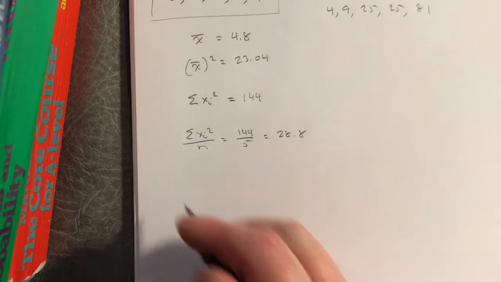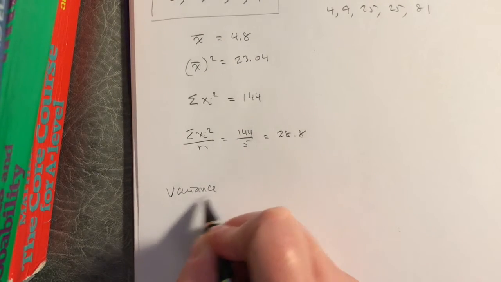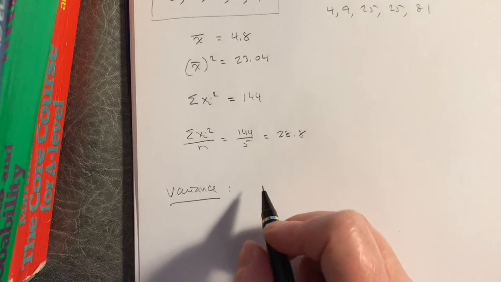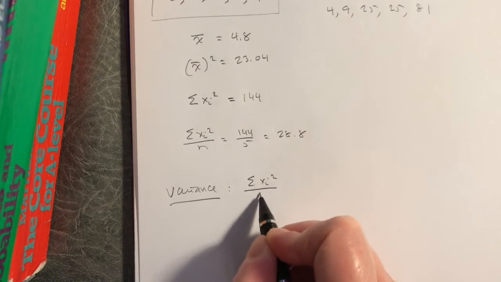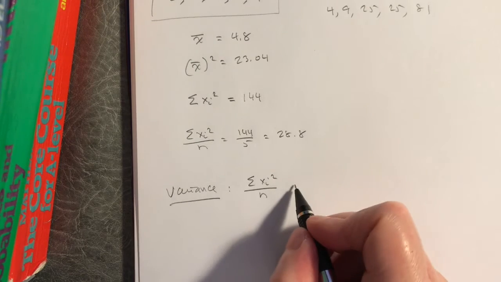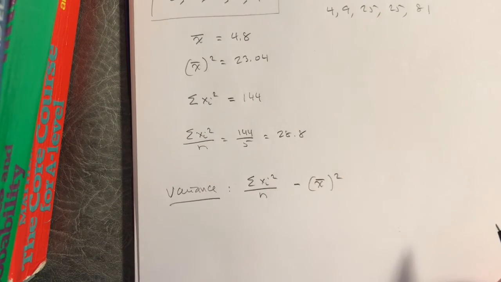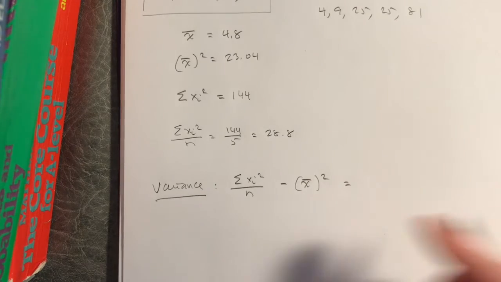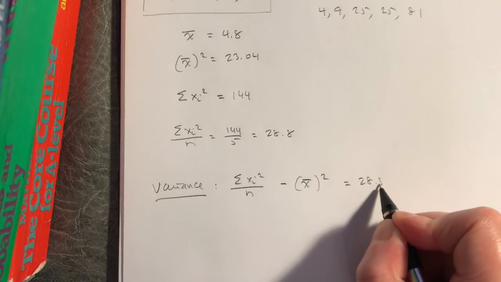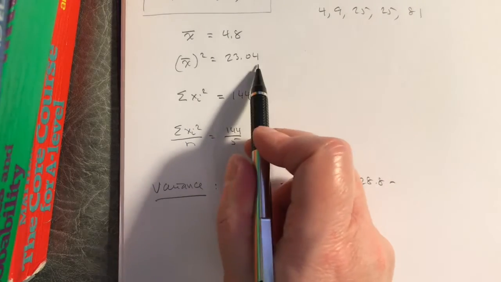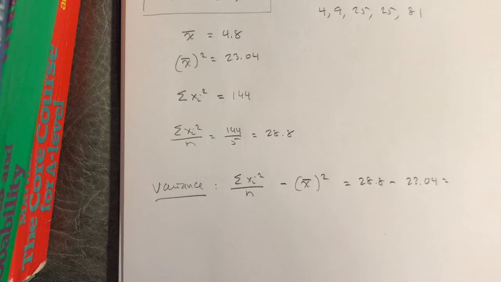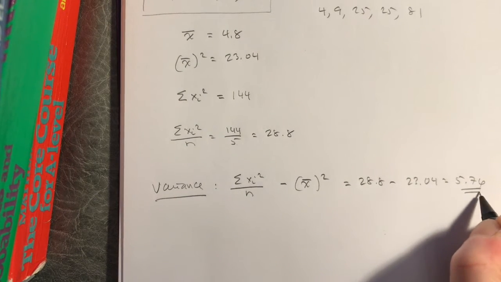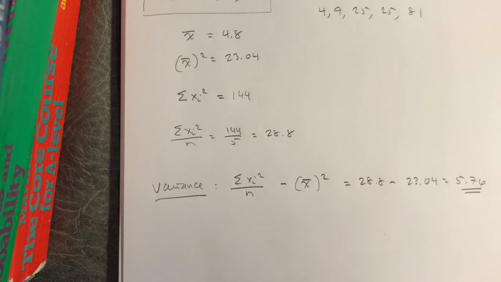Okay, so variance is going to be the mean of the squares minus the square of the mean, which is 28.8 minus 23.04, and that should come out as 5.76, which is the number we found before for variance.